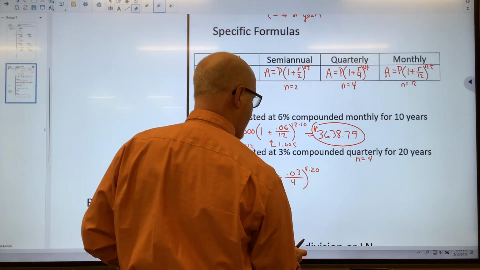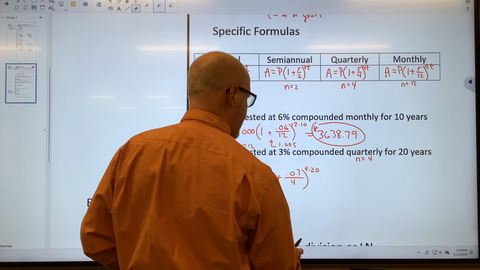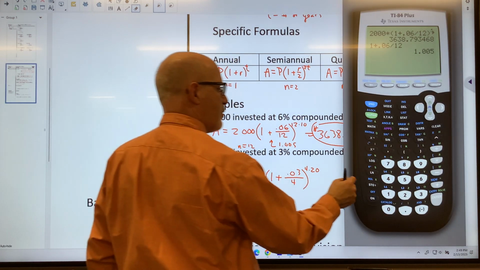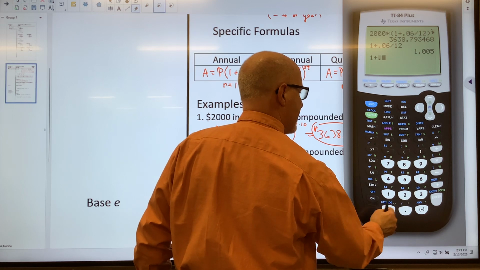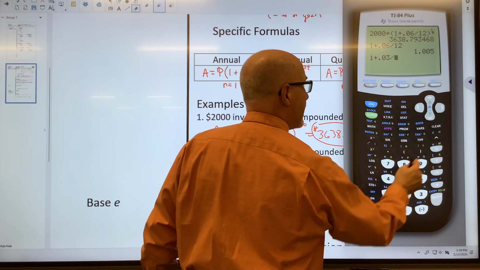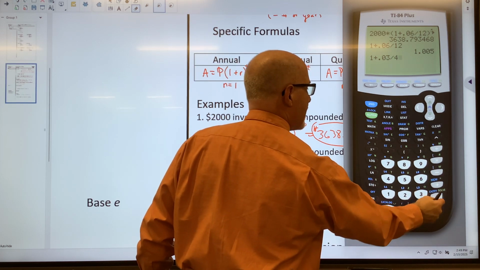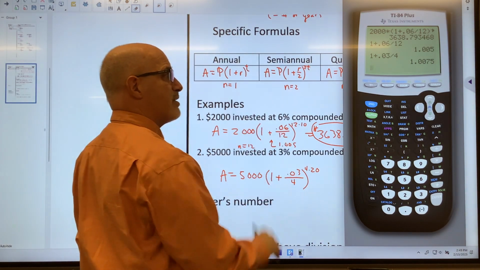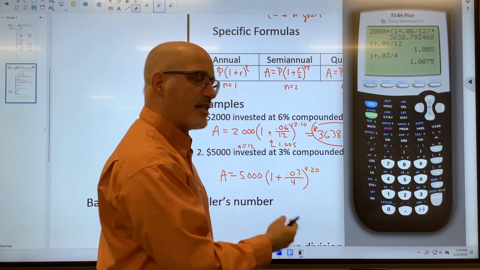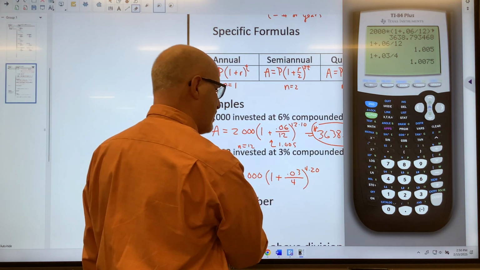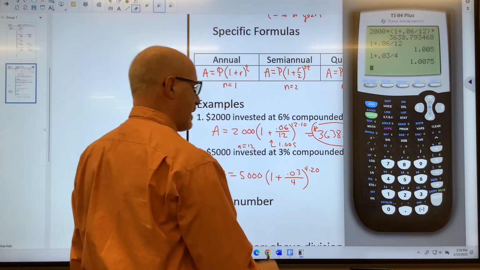Real quick on our calculator, let's go ahead and figure out what this base is. This 1 plus 0.03 divided by 4. So really the base is not just 1 plus this, it's 1.0075. That's what this represents, and you can change it to that, or I can just type in this whole expression into my calculator.